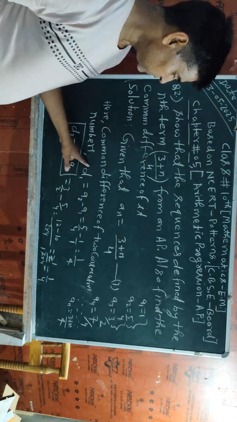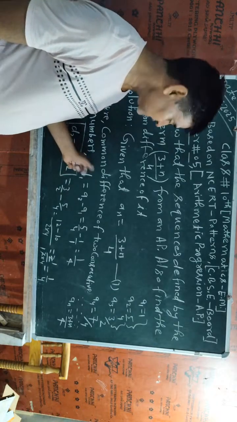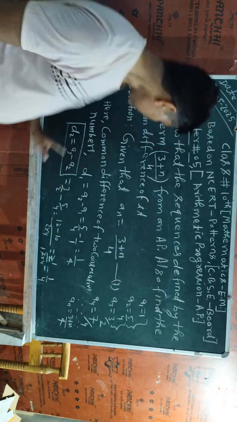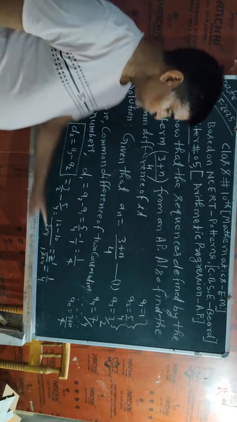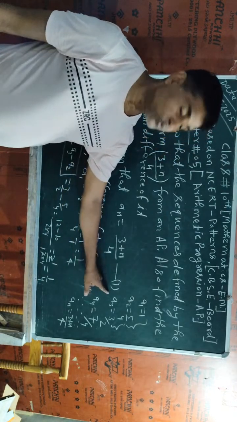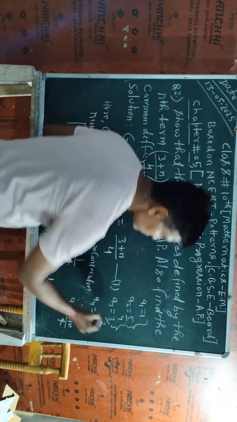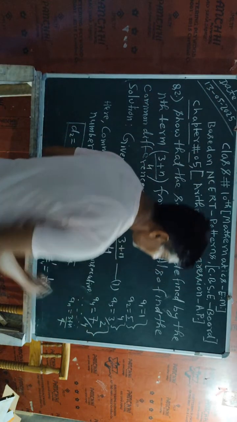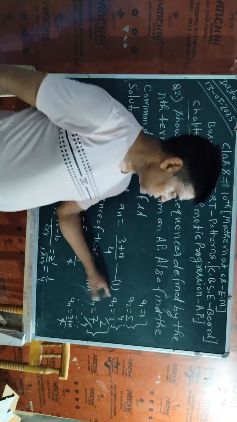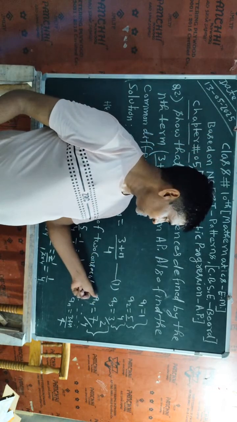So D1 is constant and its value is 1 by 4. And D2 is also constant and its value is also 1 by 4. Again I have to calculate the value of D3. So I will take these two consecutive terms. In these two consecutive terms, I will say this is the first term and this is the second term.